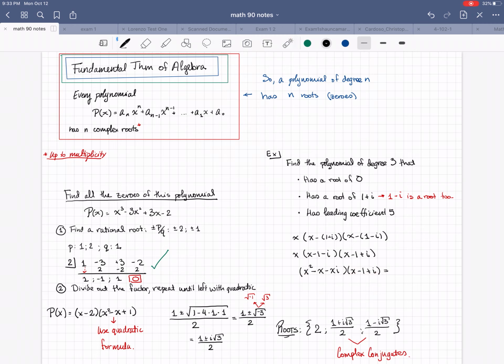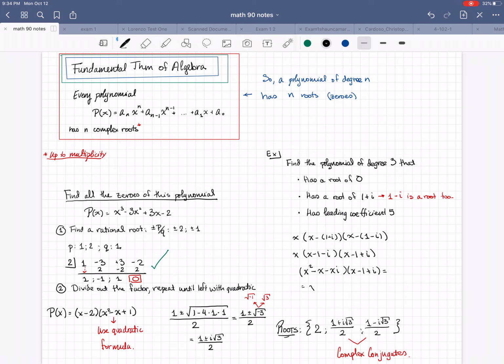So we'll end up having x cubed minus x squared plus x squared i minus x squared plus x minus xi. You know what? I'm going to actually move this down so I have a little bit more space. So let's start over here.